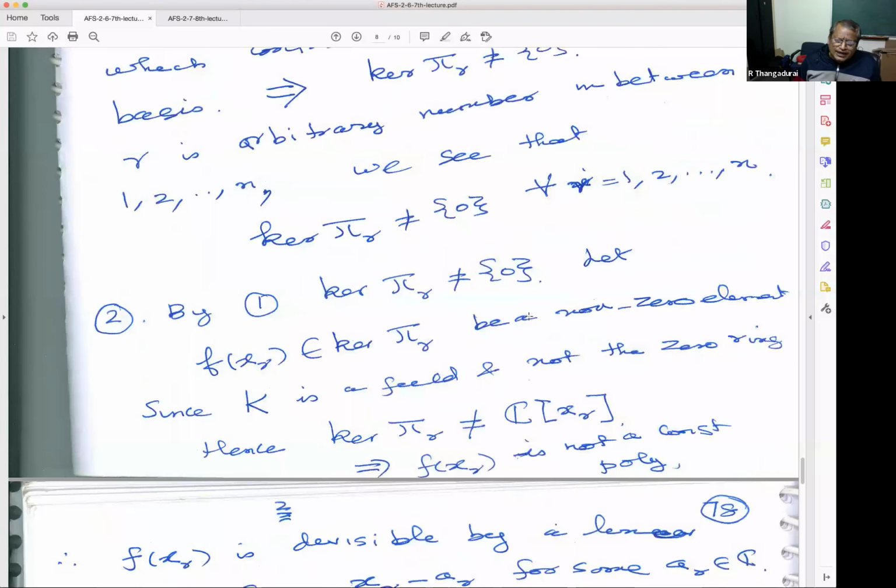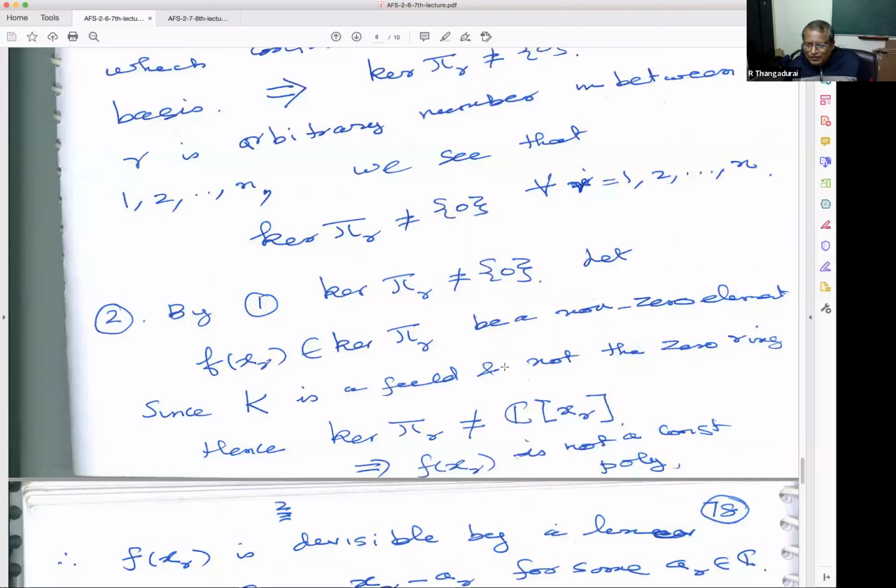You take any element f of xr in the kernel, a non-zero element, because the kernel is non-zero already. Therefore, there exists a non-zero element, you call it f of xr. Since K is a field and it is not a zero ring, the kernel of phi r cannot be the whole ring. If the kernel of phi r were the whole ring, then what happens?